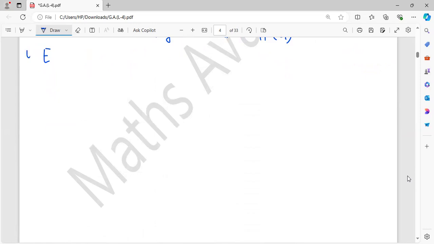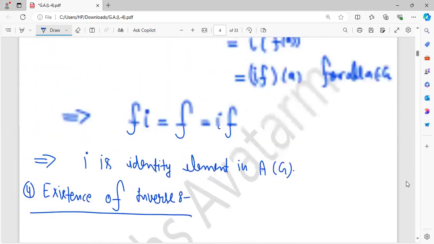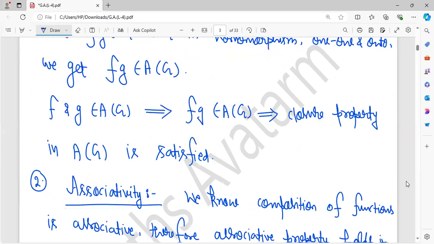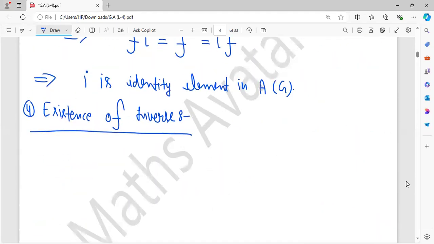Existence of inverse: every element in AG has an inverse in AG. How will we prove it? Let f belong to AG.